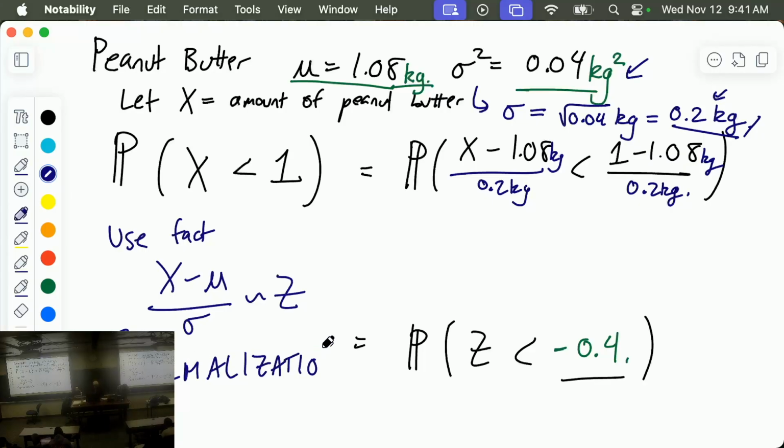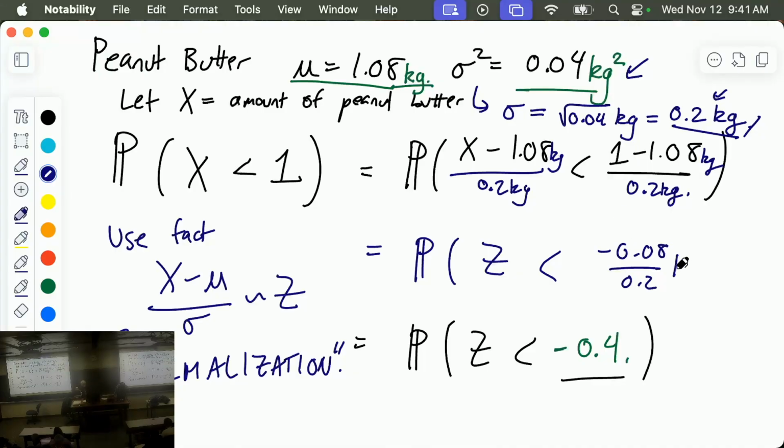We have taken away the mean and taken away the variance by dividing, and now this really is z. This calculation, 1 minus 1.08, is -0.08, divided by 0.2. Notice that the kilograms cancel out, so it's no longer dimensional. There were kilograms on the top, kilograms on the bottom. Oh, this was really 1 kilogram.